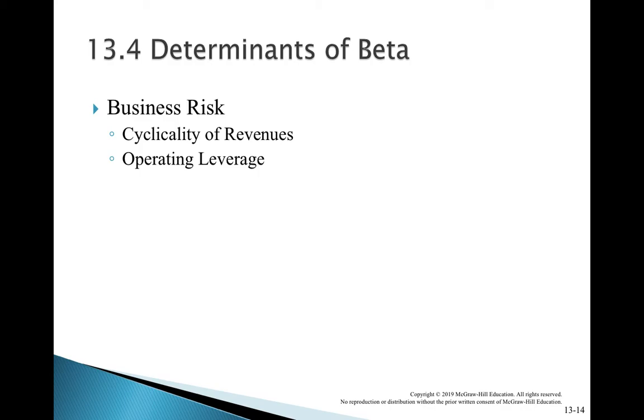Sometimes revenue is more, sometimes revenue is less, then the business risk will be high. If the revenue is not cyclical in nature, it is very steady, all over the year the same amount of revenue is generated, no more, no less, then it is not cyclical. It is steady revenue.